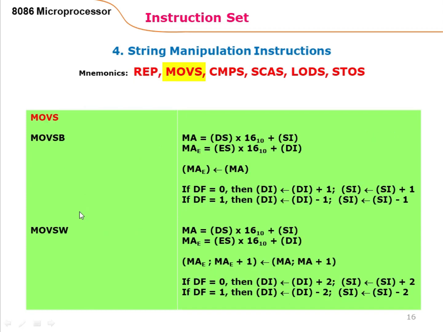Next instruction, the move instruction. We have already discussed this move instruction with data operands. Here for string operands we use MOVS, that is move S. The letter S here shows that it is a string instruction, not a data instruction. So we can use this as MOVSB, that is move string byte, or MOVSW, that is move string word.